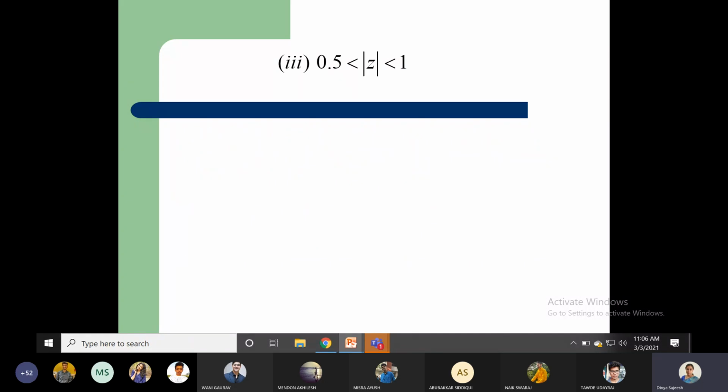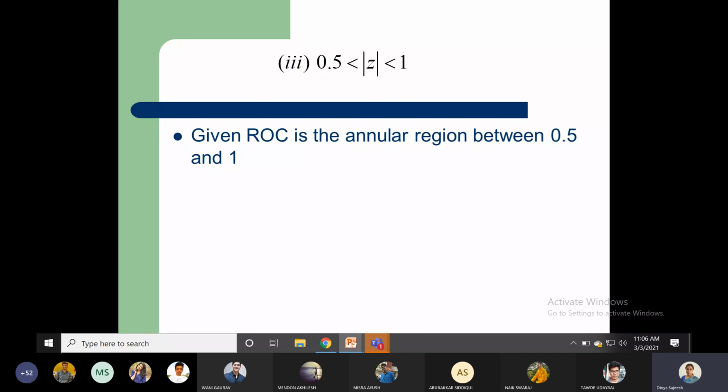Now the third case is when it lies between. So it is the case of a two-sided signal. We should have an ROC between 0.5 and 1. That means Z should be greater than 0.5 and Z should be less than 1. That means a portion of the signal will be right-sided for Z greater than 0.5, and a portion of the signal will be left-sided for Z less than 1.